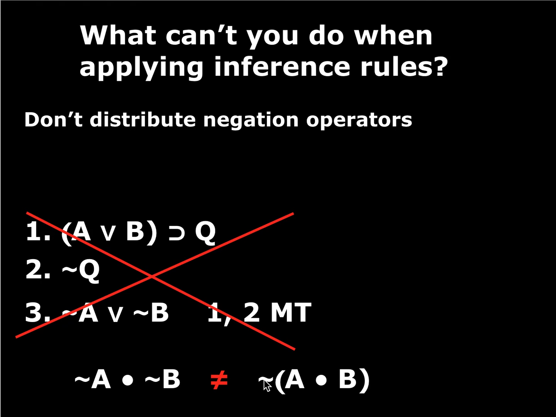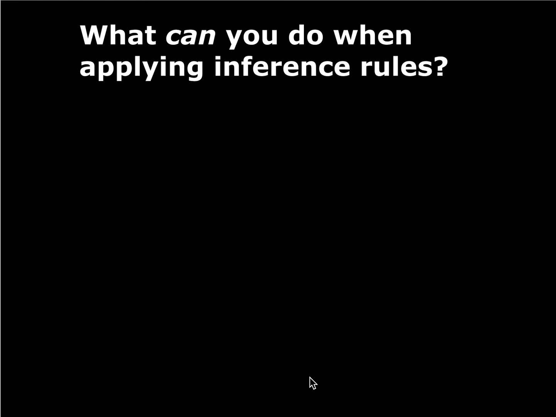The thing you can do legitimately that we'll get to in chapter 4, don't do it now, but just in case you're thinking, hey, it seems like we ought to be able to distribute tildes. You can, but if I distribute the tilde into a conjunction, I would have to change the conjunction into a disjunction. I'd have to change this dot into a wedge. And if I distributed the tilde into a disjunction, I'd have to change the wedge into a dot. But don't worry about that now. The thing for now is just don't distribute tildes like this.